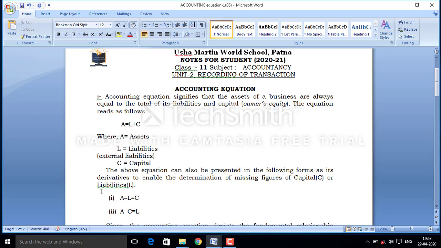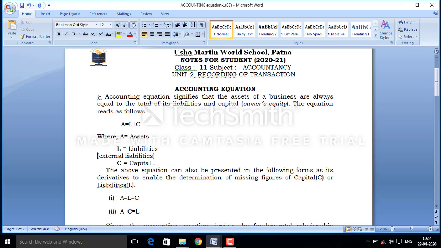Capital means the amount introduced by the owner in the business, and it does not mean only cash. Whatever assets, either in the form of cash or in the form of goods or in the form of other materials which is useful for business enterprise, the value of total inputs by owner in the business is equal to capital.